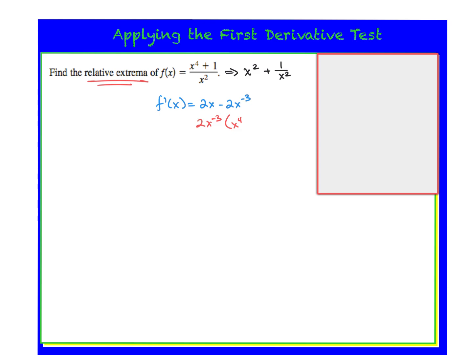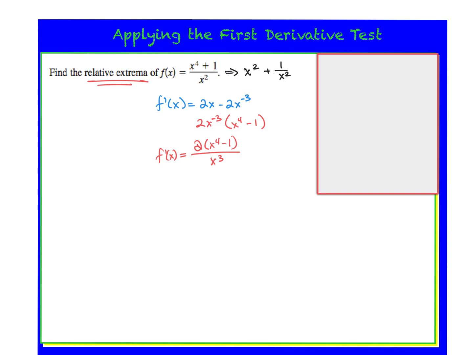And then it's still minus 1. So when I rewrite my derivative, I have 2 staying up top, and then x to the fourth minus 1 over x cubed. There's my simplification of my derivative.